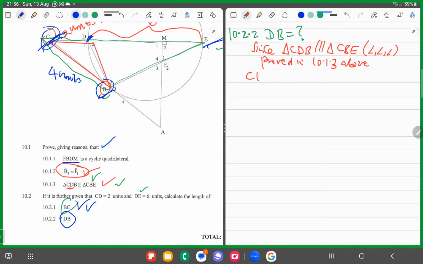Those triangles are similar, so you take the first two, CD, you divide by CB, you take DB, you divide by BE, you take CB, you divide by CE.